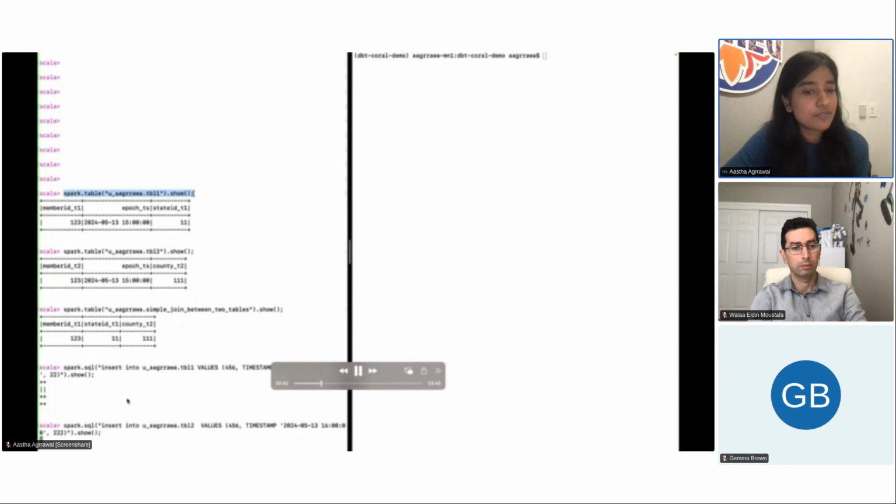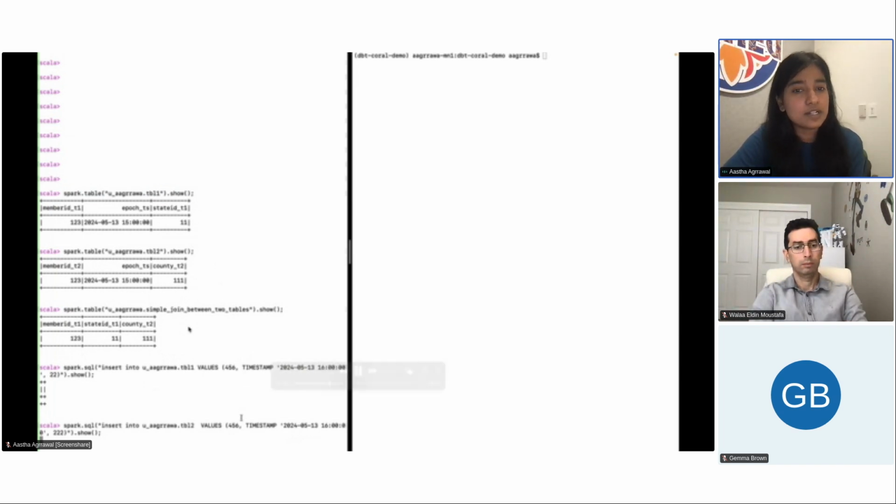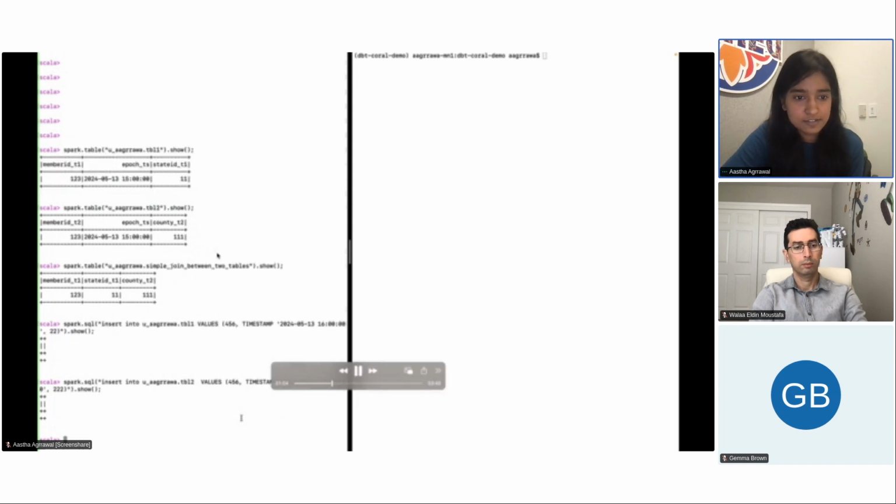Now, as I update my base tables TBL1 and TBL2 to add an additional record into each table, we'll see that our output table, simple join between two tables, needs to be refreshed. And we'll demonstrate how we can refresh that using the incremental maintenance mode.